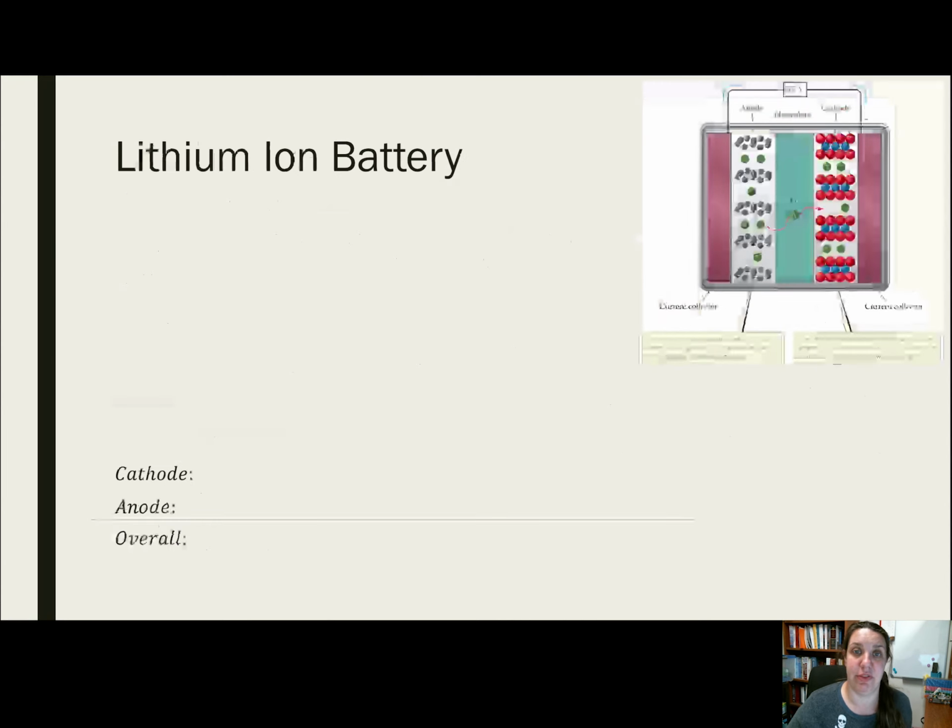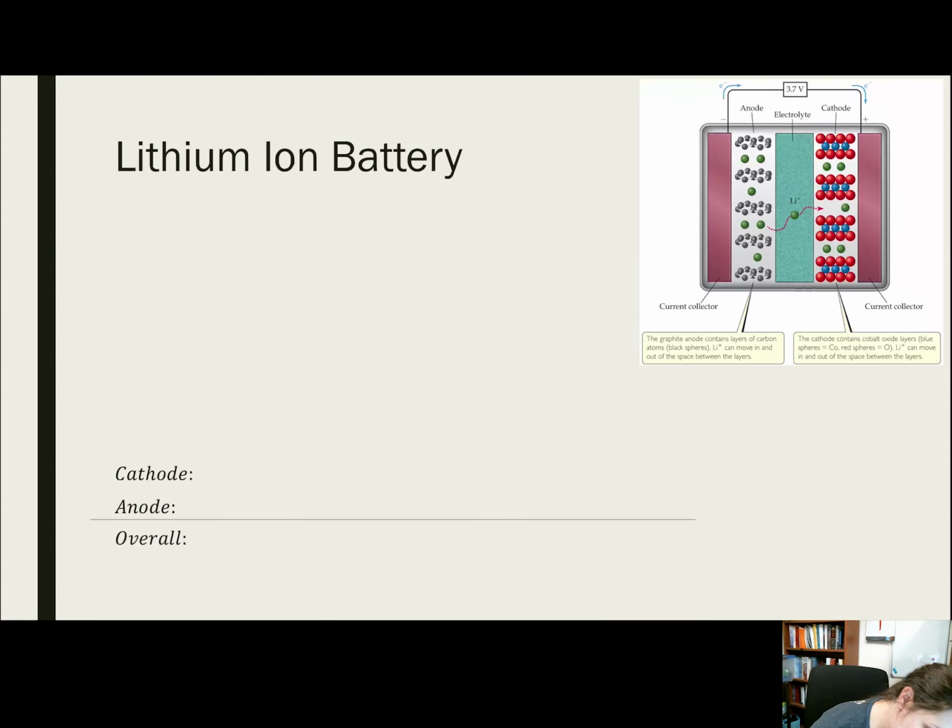The next battery I want to look at is a lithium-ion battery. This is another rechargeable battery. Here we have lithium ions flowing between the cathode and the anode, which we can see right here.